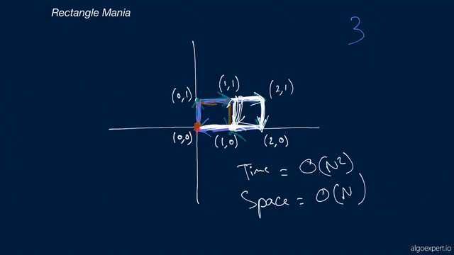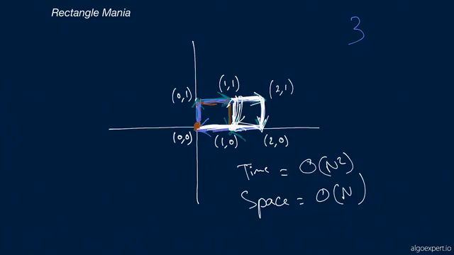So for instance, for 0, 0, there are 2 points in the upper right direction, 1, 1 and 2, 1. Right? So we have 2 potential rectangles because we have one bottom left corner here and 2 potential top right corners. But then if we treat both of these as actually potential top right corners, then in order to validate them as rectangles, all we need to do now is find the top left and bottom right corners. And we can do that just because we have the bottom left and top right.